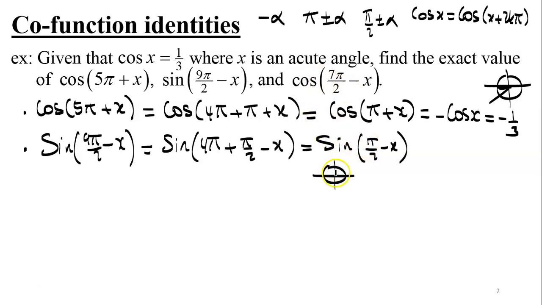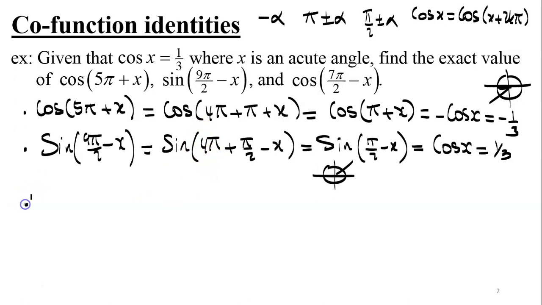So pi over 2 minus x, pi over 2 is 90 degrees, minus x, we go back to quadrant 1. So in quadrant 1, all trigonometric ratios are positive, so sine is positive. However, keep in mind that the pi over 2 switches the sign into a cosine, so that is in fact cosine of x, which is 1/3 according to our given here.